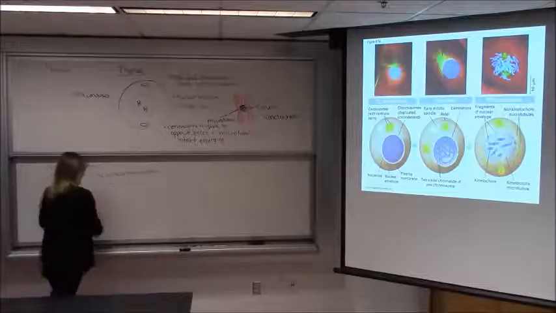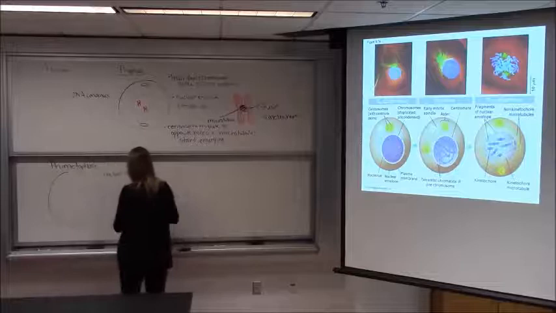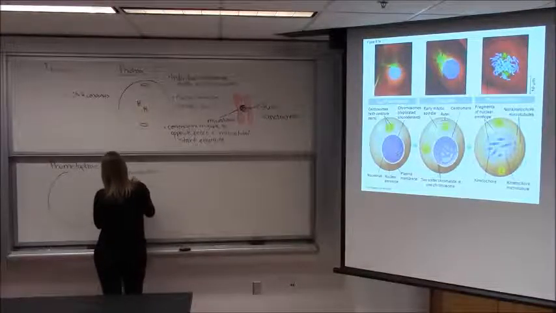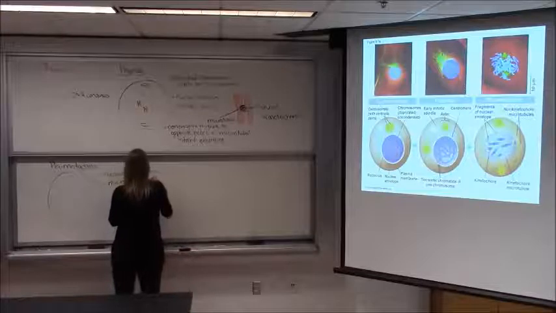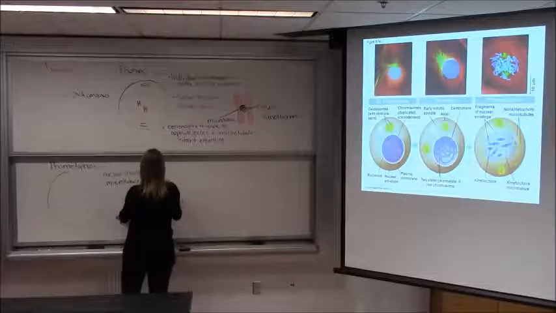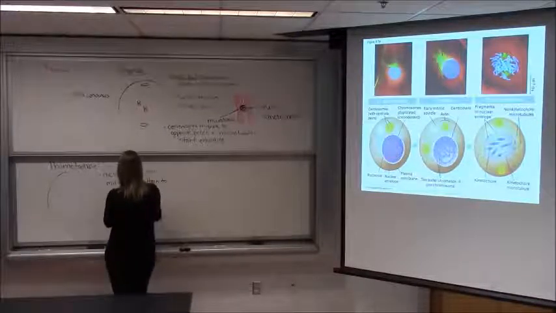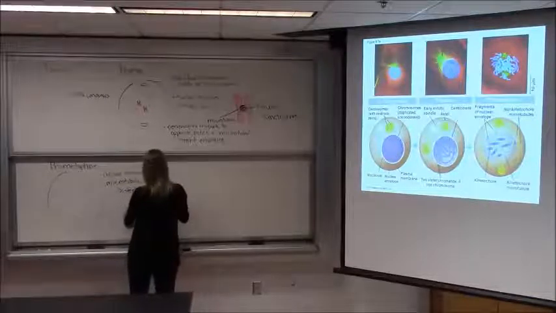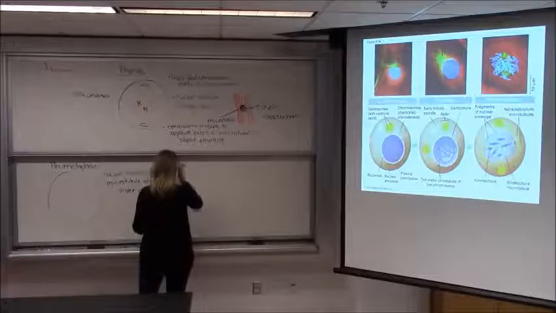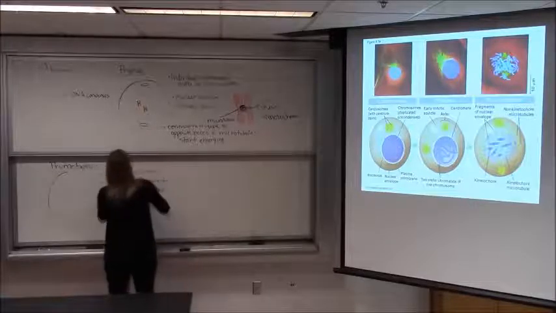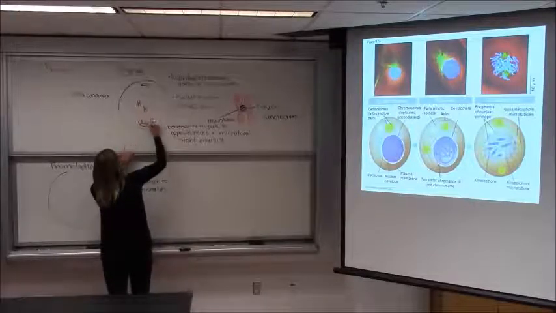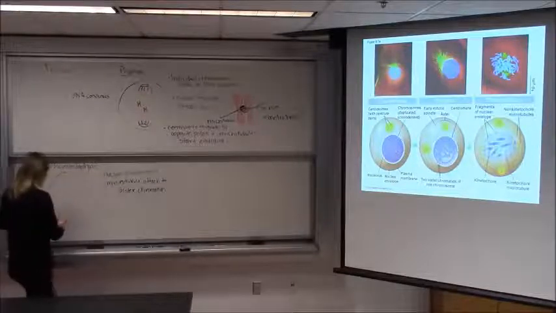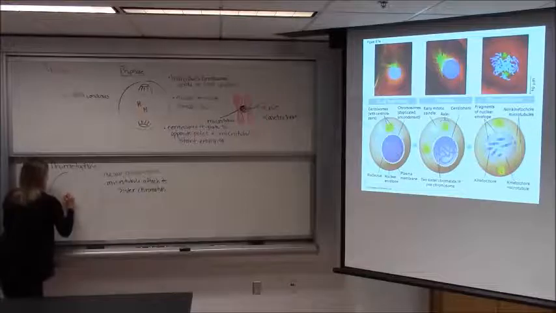And those microtubules attach to sister chromatids. And remember, this is done in a very specific manner with each sister chromatid connected to a microtubule from opposite poles. So here, those microtubules started to emerge. And now they're actually going to attach to sister chromatids.